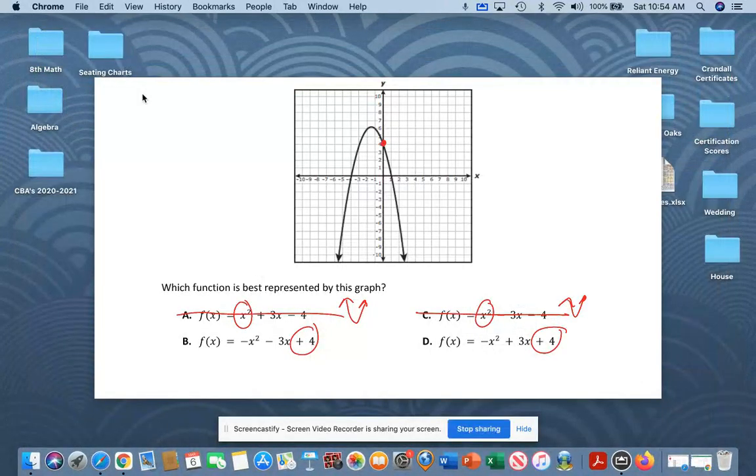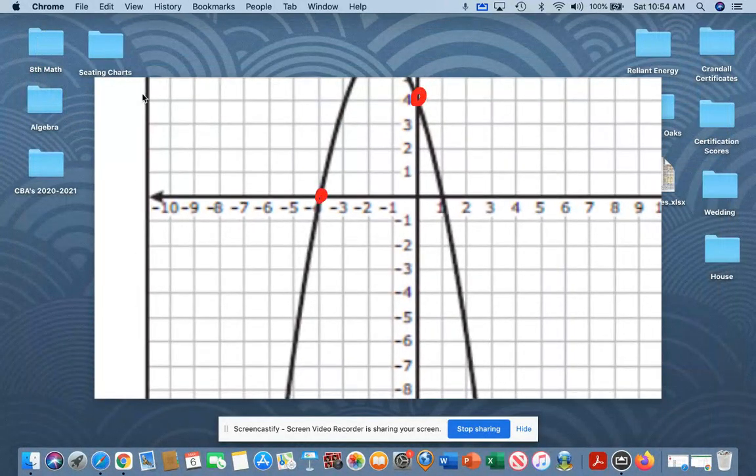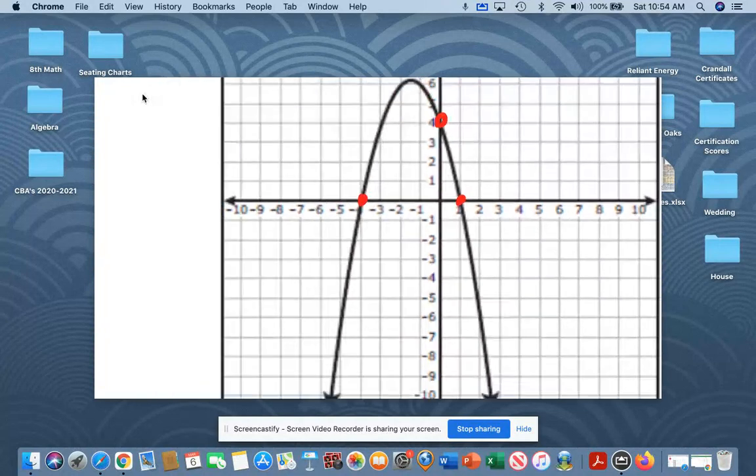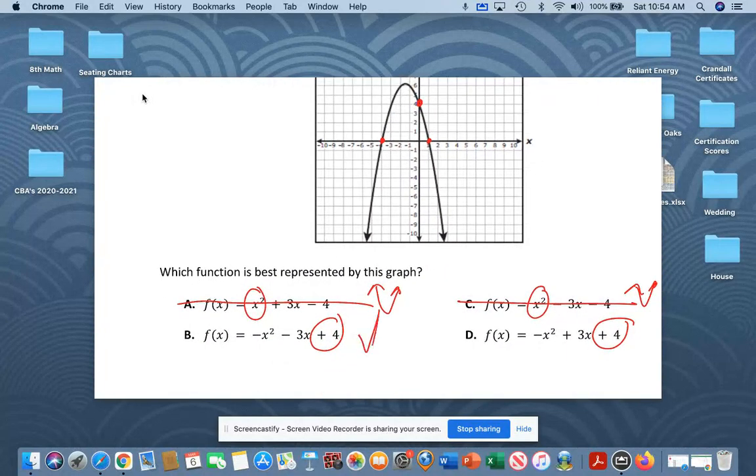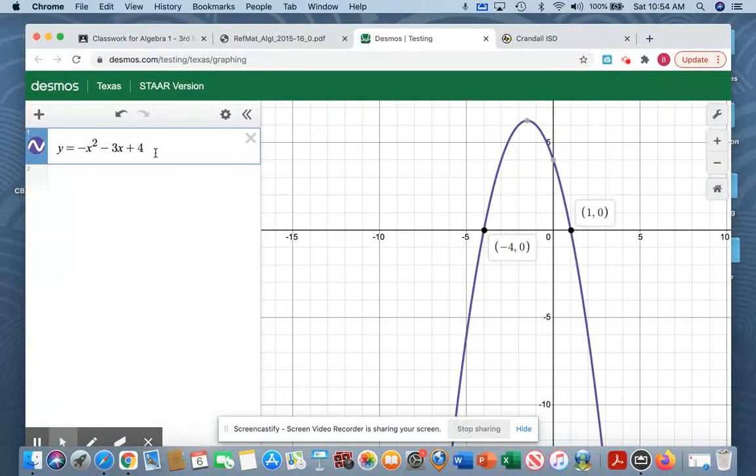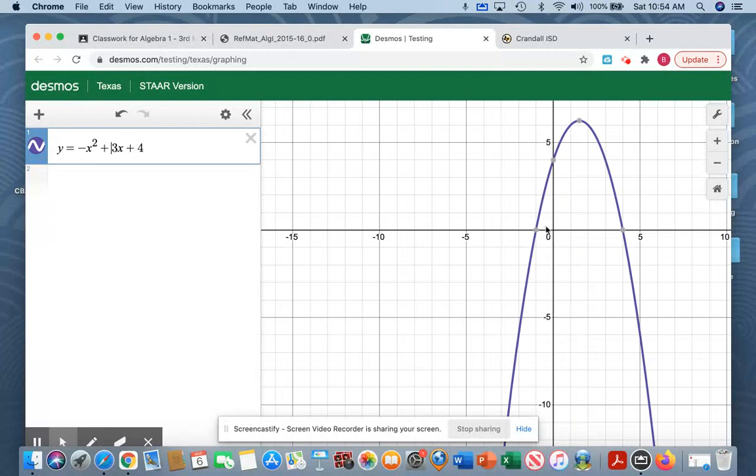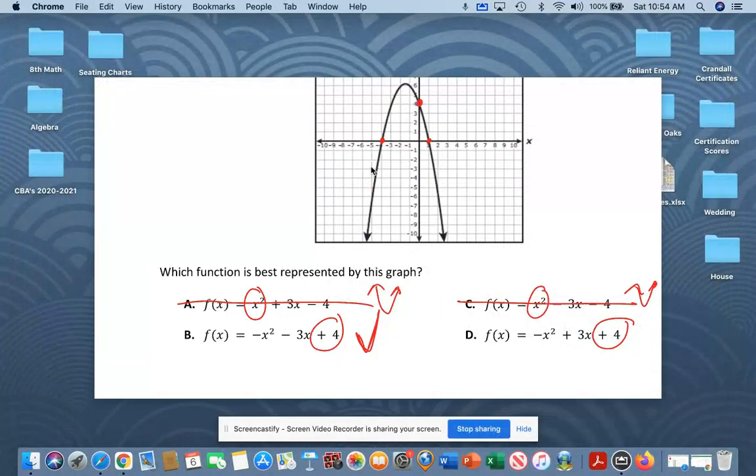And if I look here, negative 4 and 1. So this one looks like it works. The other one, if I were to graph that one, it's plus 3x, and it's at negative 1 and 4, which is not what I want. So it is answer choice B.